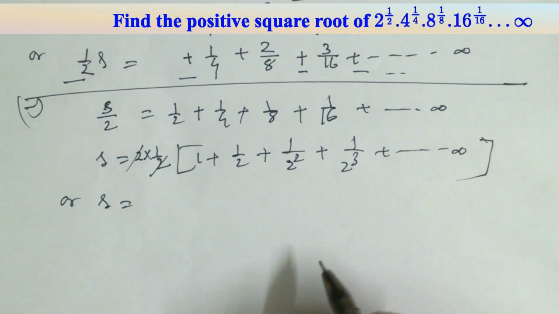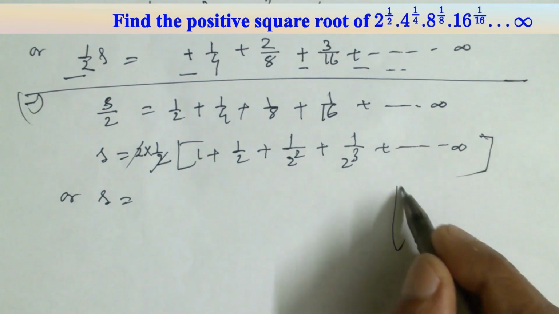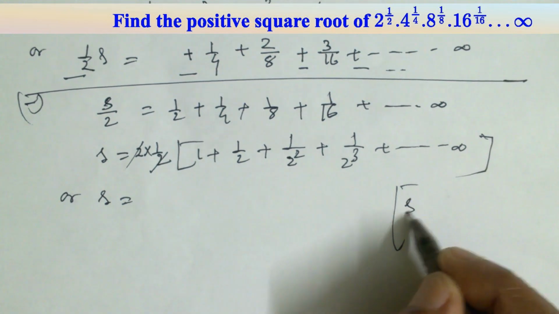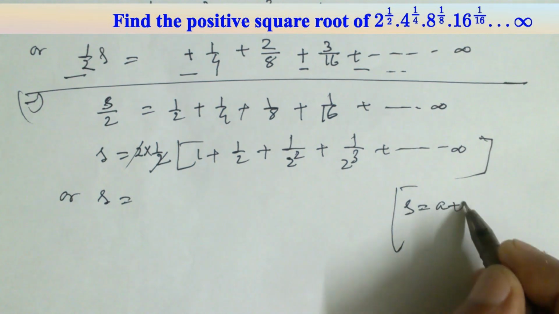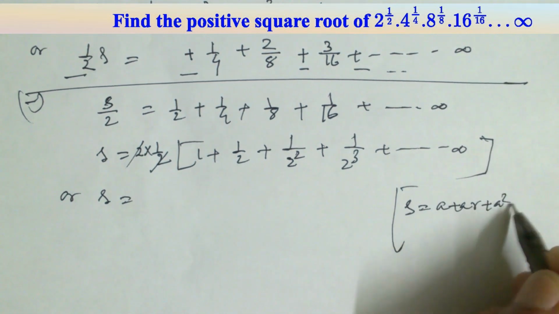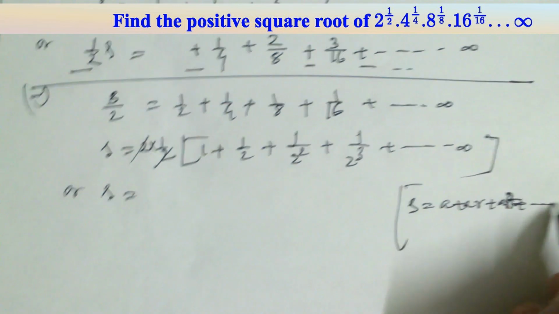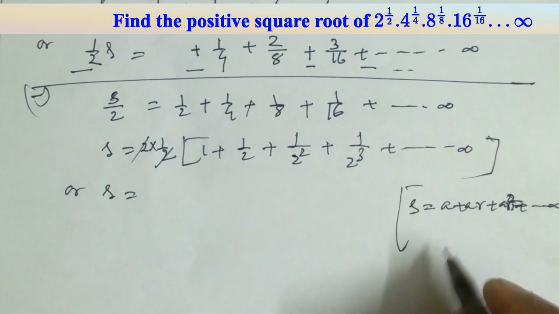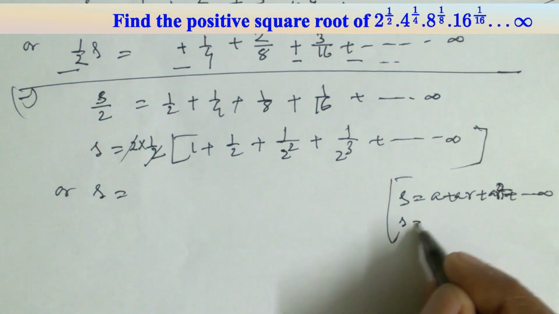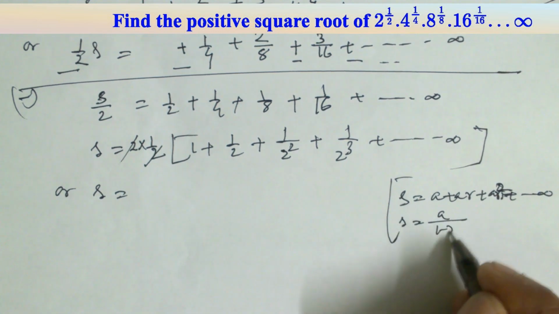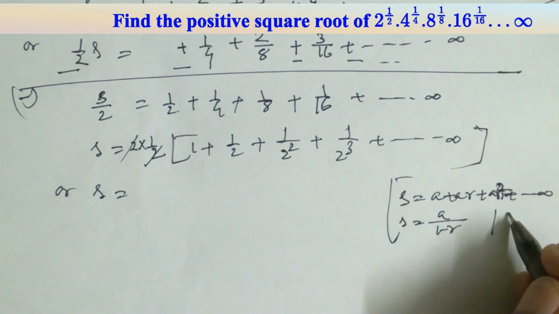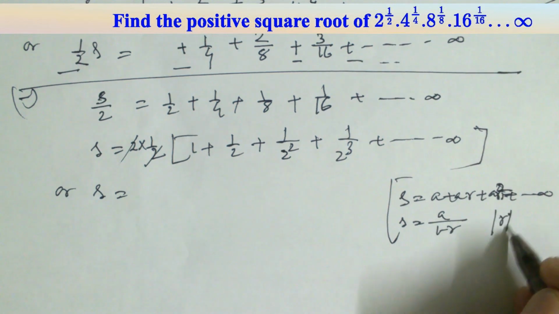The formula for the infinite GP series: S is equal to A plus AR plus AR square and so on to infinity, S is equal to A by 1 minus R, with the condition modulus of R less than 1.